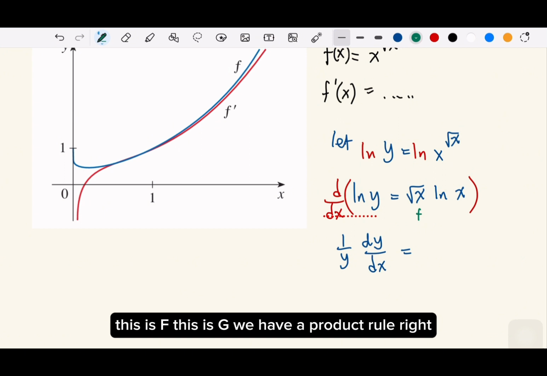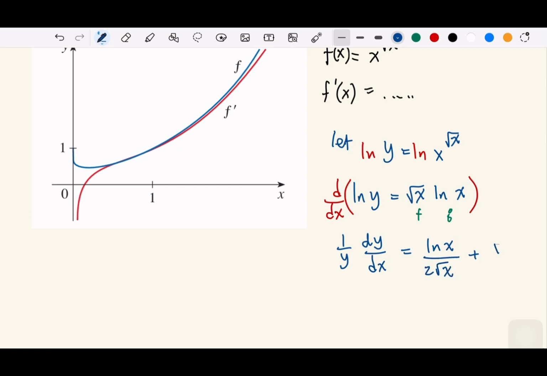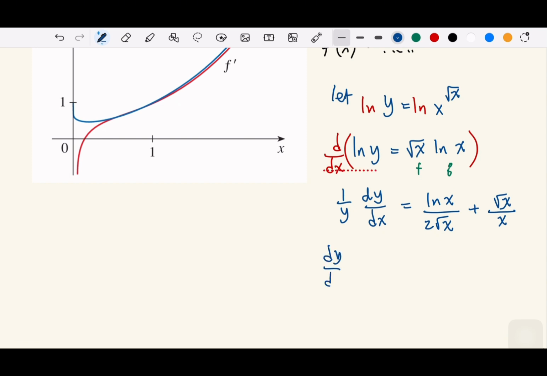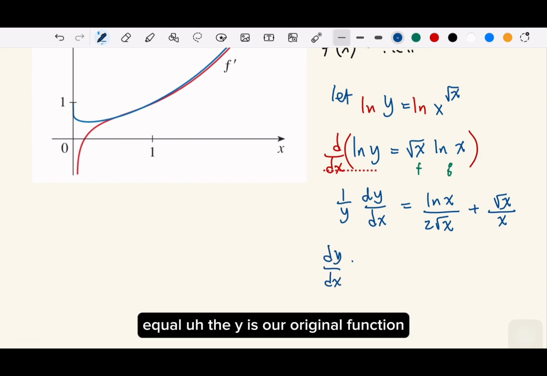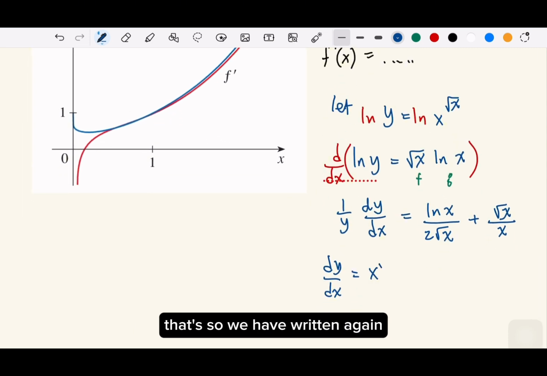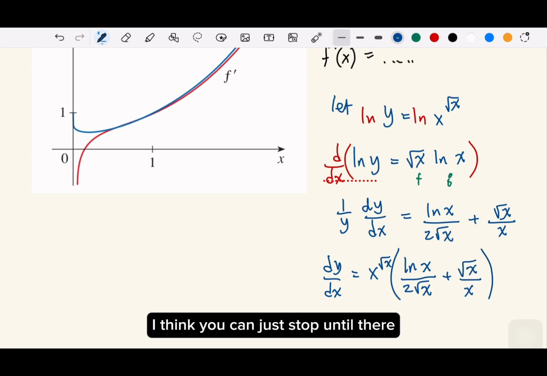This is f, this is g. We have a product rule, right? So we have ln x, and then dy/dx equals, where y is our original function, so we write it again. And I think you can just stop there.